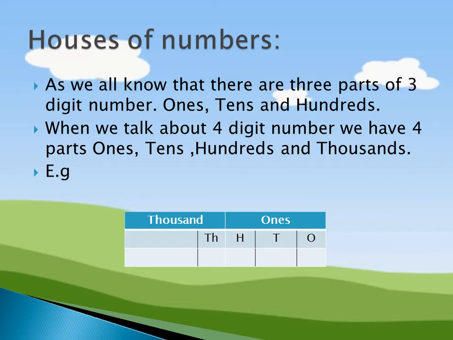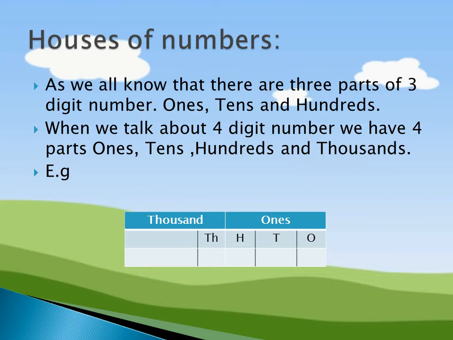If we look at the chart carefully, we observe that this chart is mainly divided into two groups or two houses: ones and thousands. Ones is further divided into sub houses, that is ones, tens, and hundreds. And thousand is divided into just one sub house, that is thousand, because we are talking about four digit numbers.